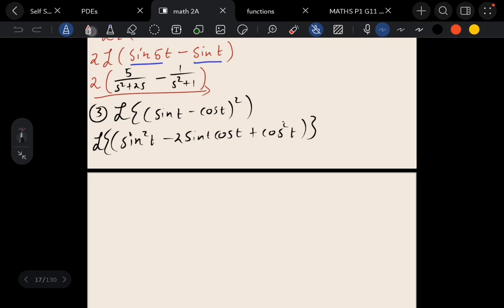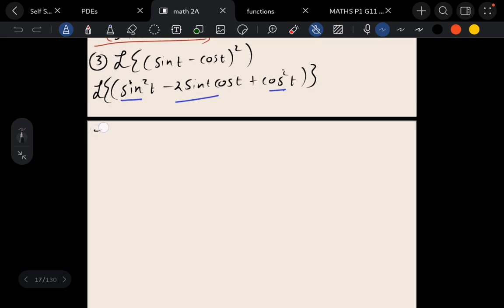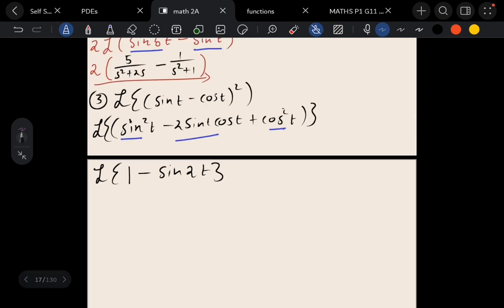So by simplifying the sine squared and the cos squared, I am going to have the Laplace transform of 1 minus sine 2t. Like that. It's simple, yeah? Because we have sine t minus cos t all squared, you first need to simplify the inside of that bracket. After you've simplified the inside of the bracket, you can use some trigonometric identities.